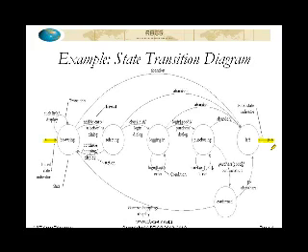But in this particular example, this is an example of a state diagram for an e-commerce application. We're showing the application and its states from the point of view of the customer as opposed to the point of view of the e-commerce system itself. So the customer is doing something.